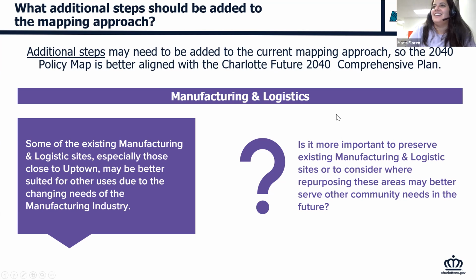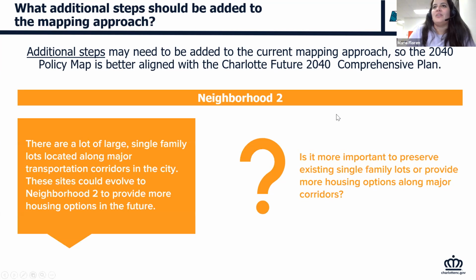That sounds good. So the next question in our slides is: there are a lot of large single family lots located along major transportation corridors in the city. These sites could evolve to neighborhood 2 to provide more housing options in the future.